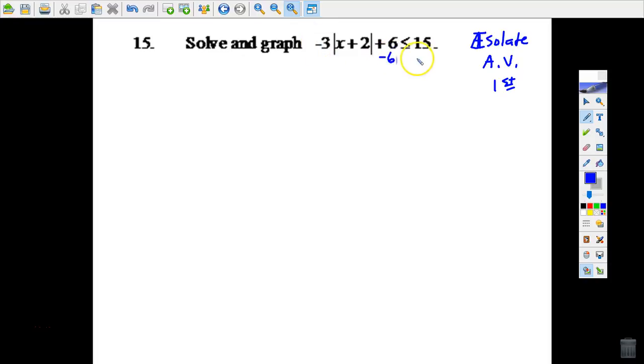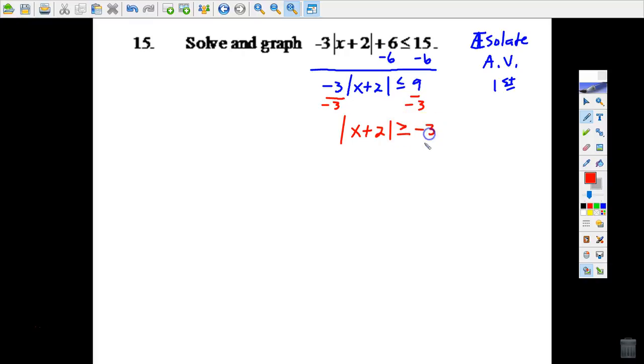The first one will be to subtract 6 from both sides. And then the next one will be to divide by -3 on both sides. And you have to be careful here because dividing by a negative, remember, causes us to switch the inequality.